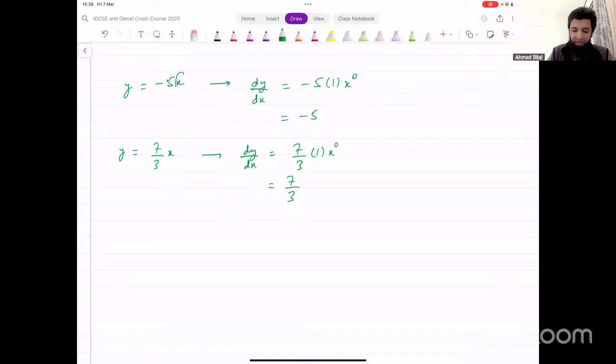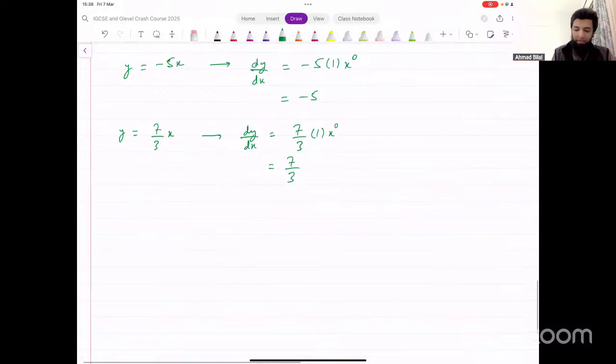Whenever we have x power 1, the derivative is just going to be the number that's multiplying with it, right? So we can write it directly as well. We don't even have to use this process. We can just write down the answer directly. In this case, when the function is minus 5x, the derivative is just going to be this number here. When it's 7 over 3x, the derivative is just going to be this number here. Whenever you have x power 1, the derivative is just the constant that's multiplying outside.